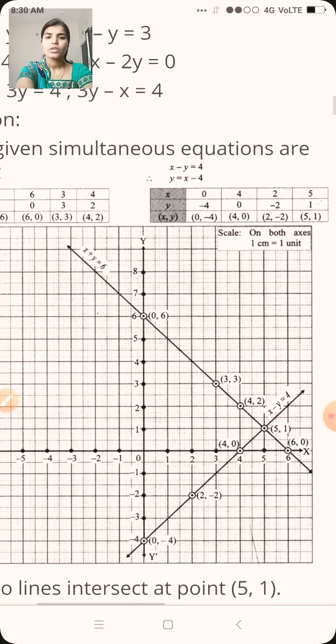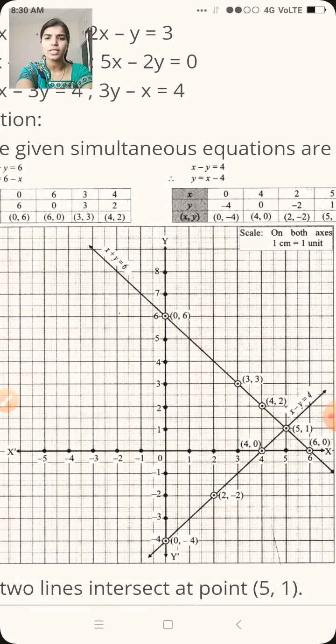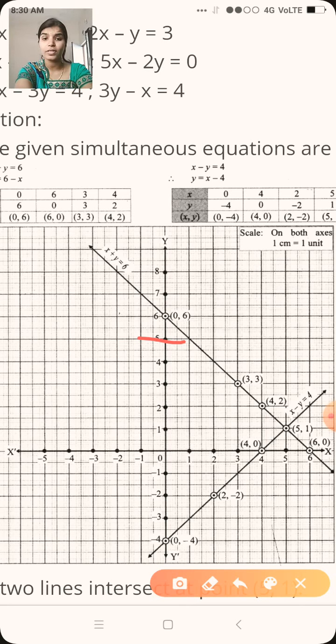Okay, so here you observe that, coordinates of first equations are 0, 6. Where is the 0, 6? That point lies here. Okay, then you want to plot 6, 0. 6, 0 is appearing here now. Then you want to draw 3, 3. 3, 3 is here.